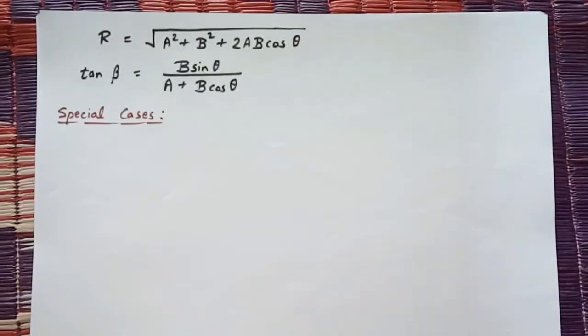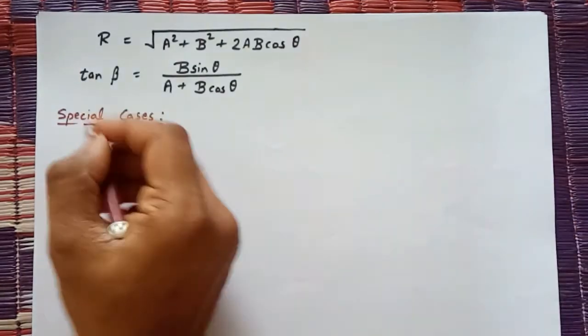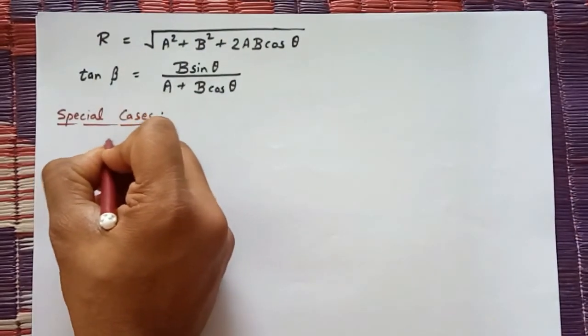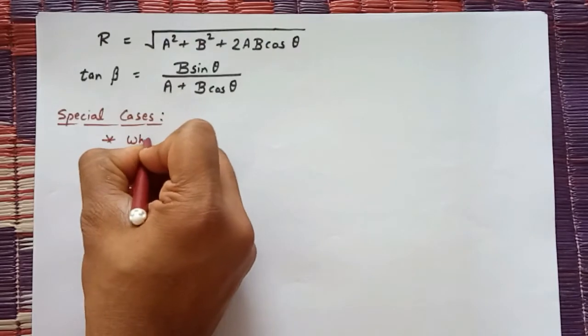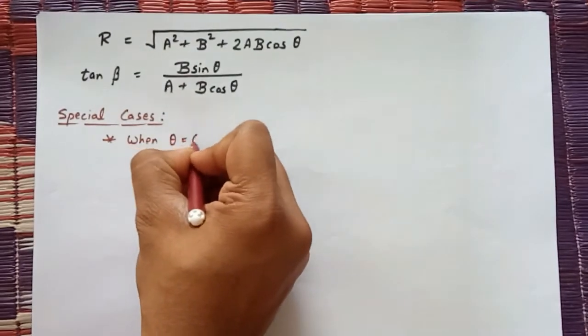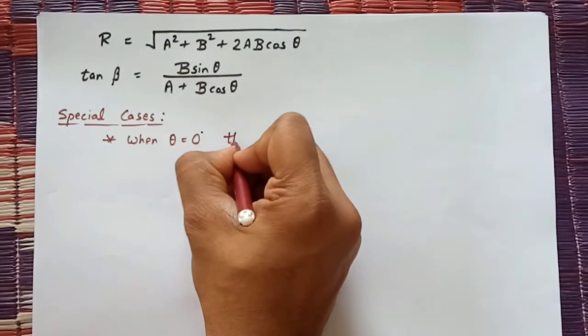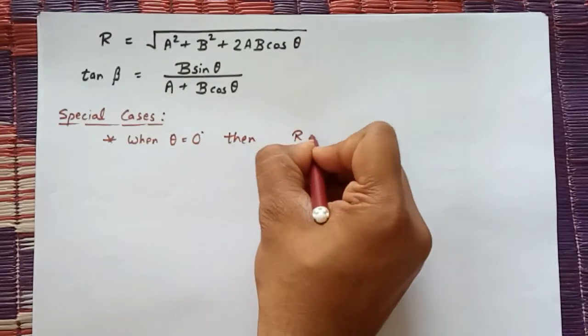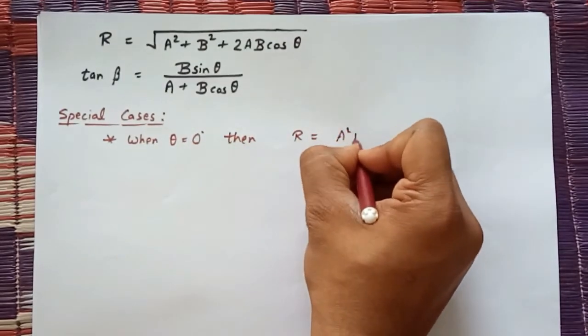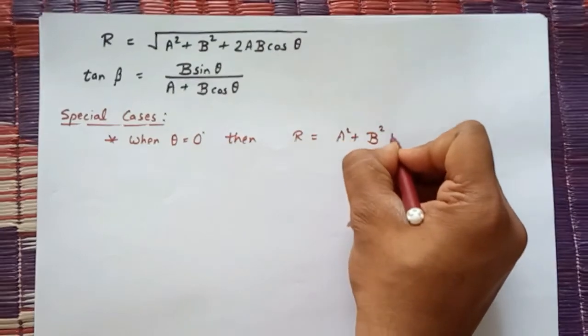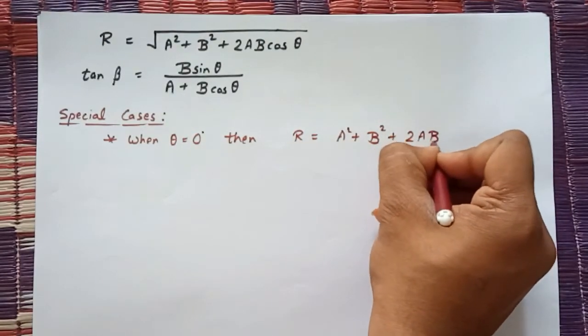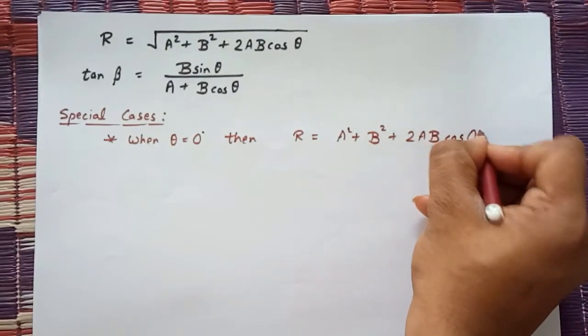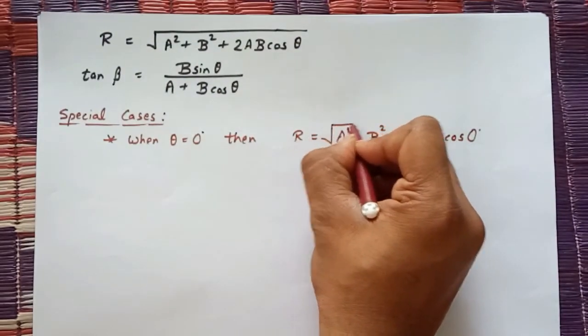Now we are talking about the special cases that may occur due to the various angles between A vector and B vector. So first of all, when theta is equal to 0 degree, what will be R? It will be equal to square root of A square plus B square plus 2AB cos 0 degree. What is cos 0? Cos 0 is 1.